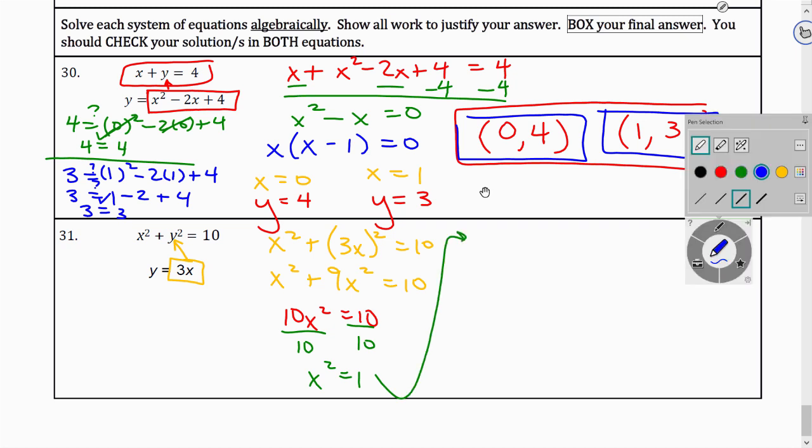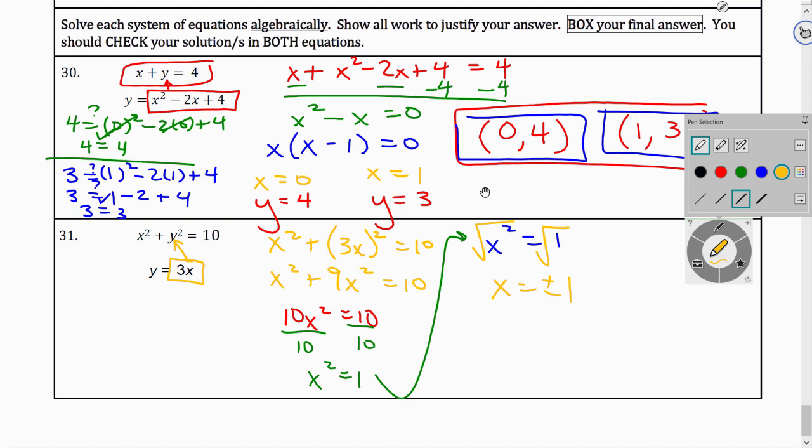Now at this point, there are two options you can go. You can subtract 1 from both sides and then factor a difference of squares. I've seen many students just take square roots. If you take that route, you must know that it's x equals plus or minus 1, because both positive and negative 1 squared equal 1.